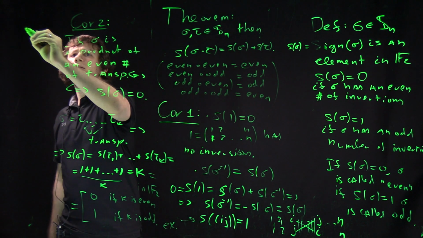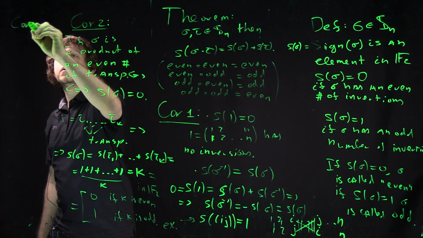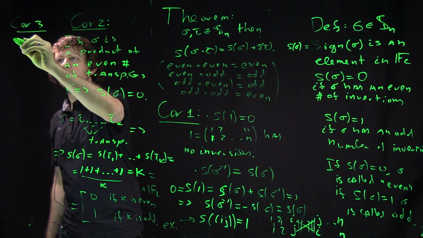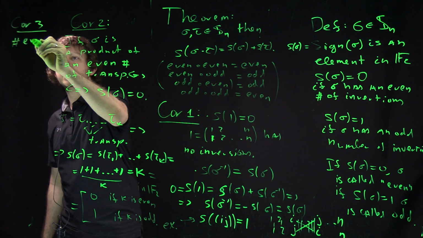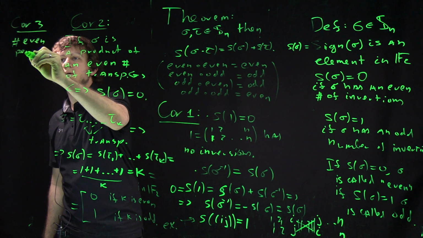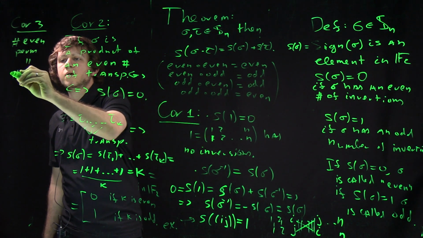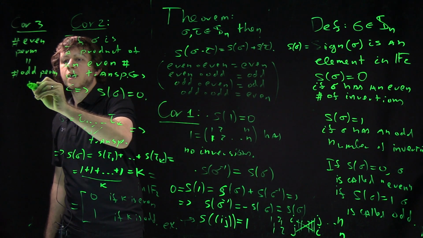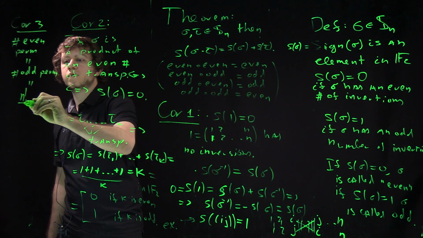So finally, corollary number 3 is that the number of even permutations is the same as the number of odd permutations, and it just equals n factorial over 2.